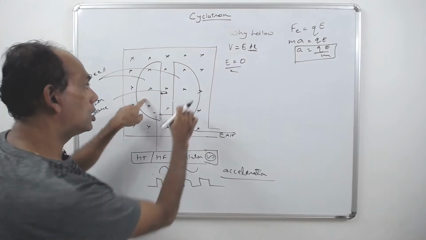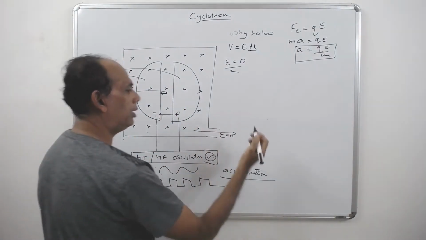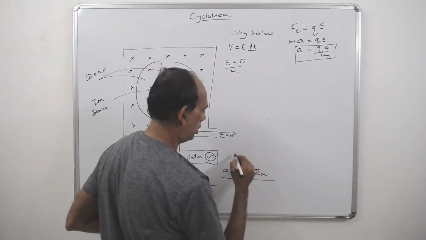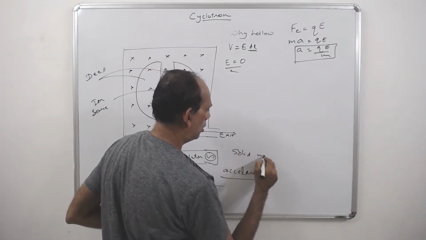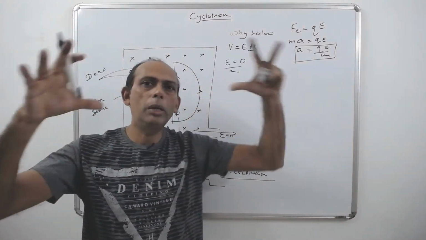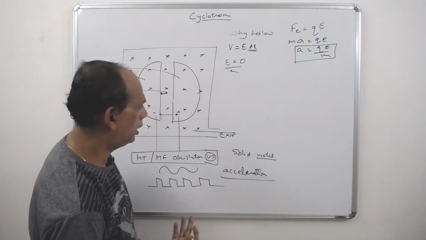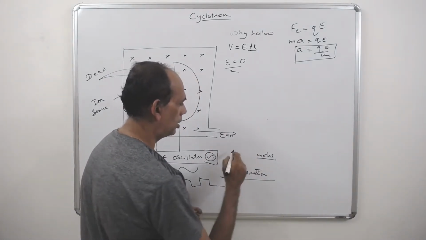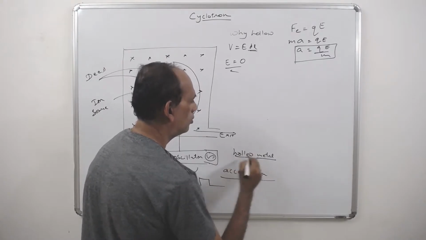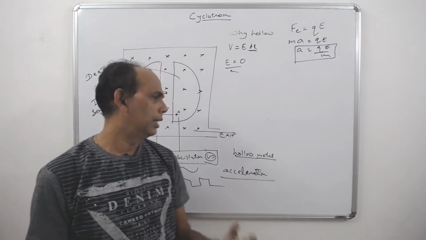The electric field in the D's is zero because these D's are made of metal, and for a metal, the charges remain only on the surface. Sorry, they are hollow metal; even for solid metal, the charges remain on the surface.